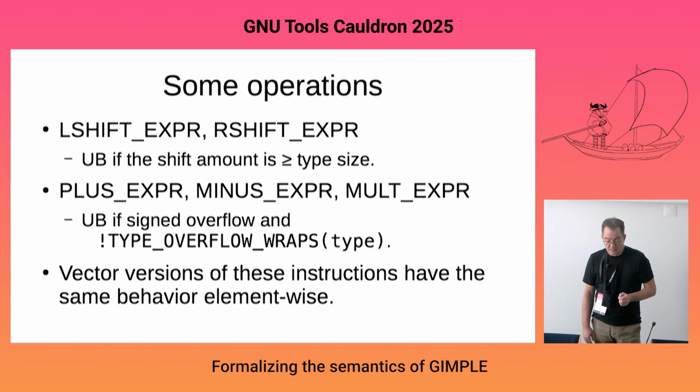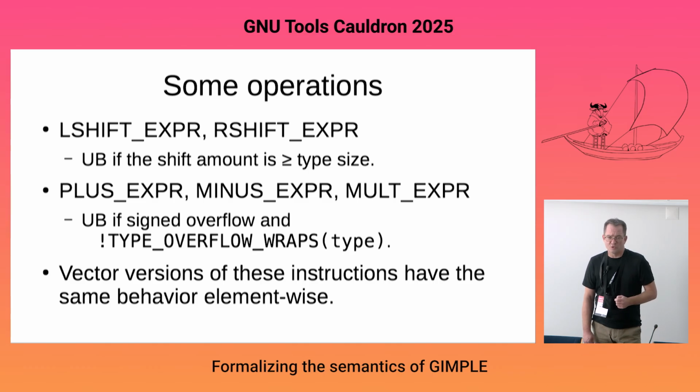But it's undefined behavior if we shift more than the type size. In C, there are some additional restrictions, but GIMPLE has only this restriction on the shifts. For the other arithmetic instructions here, it's undefined behavior if there is signed overflow, at least if the type says so.